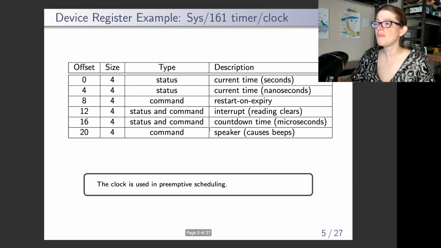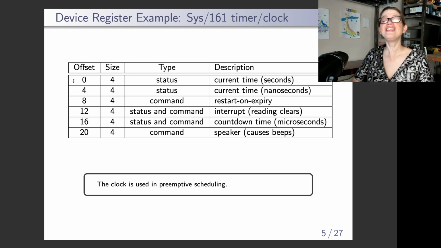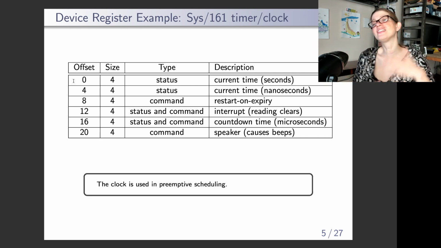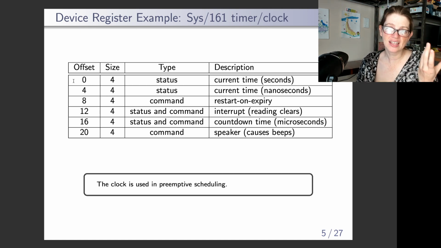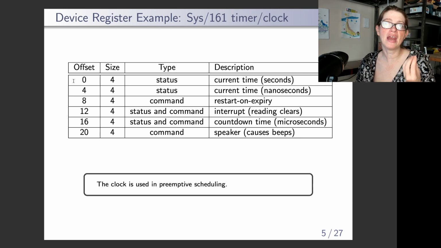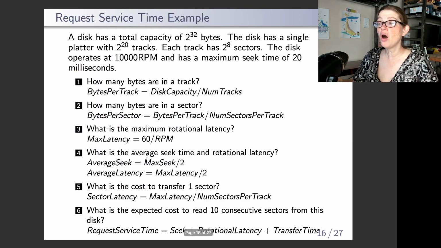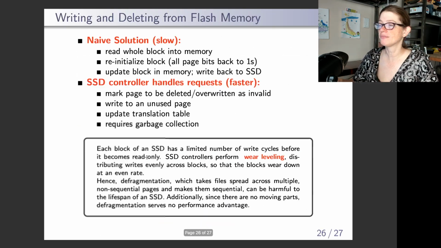And if you wanted to make, say, a device driver to cause the clock to beep, you don't need a second semaphore there, because the program that asks the clock to beep, you don't need to wait for the clock to beep. The clock beeping does not impact your program in any way, so we don't need the second semaphore for this particular device. Always depends on what you are doing.